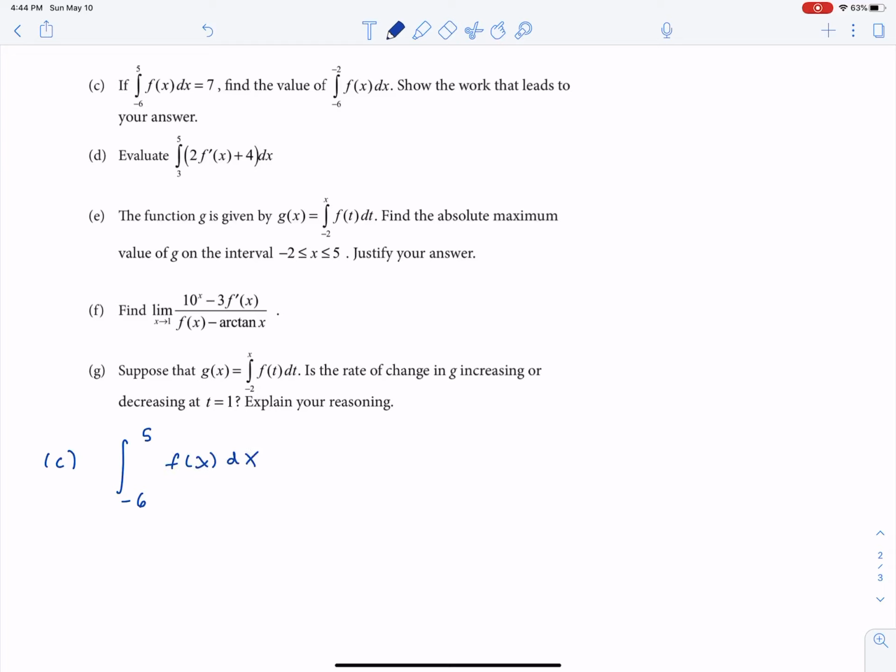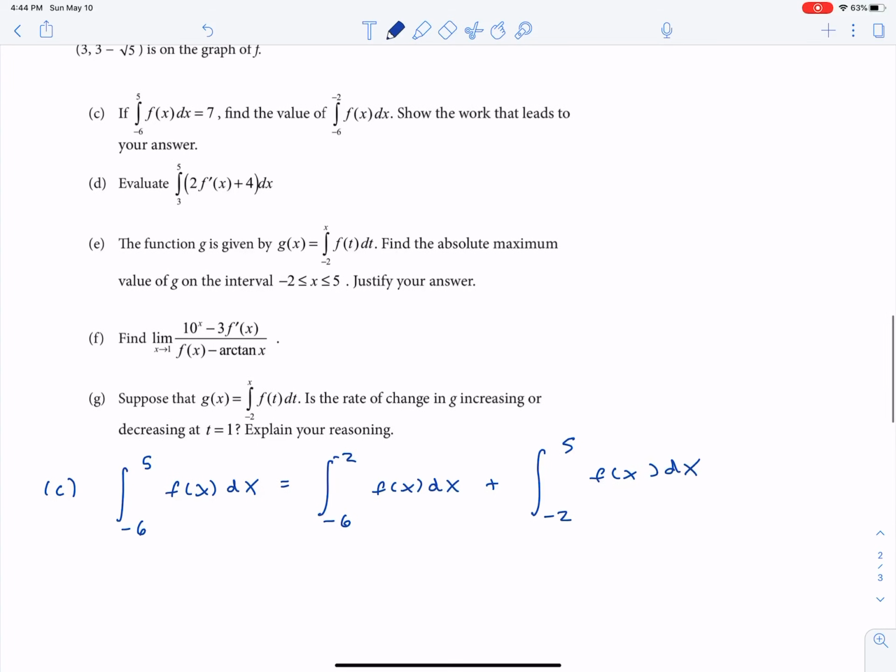But it also has to equal the integral from negative 6 to negative 2 of f of x dx plus the integral from negative 2 to 5 of f of x dx. Now, let's see what we can do from here.